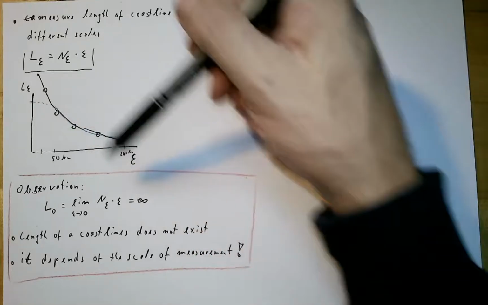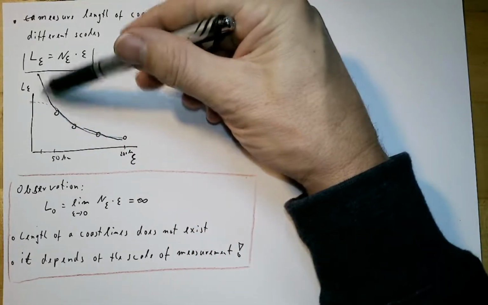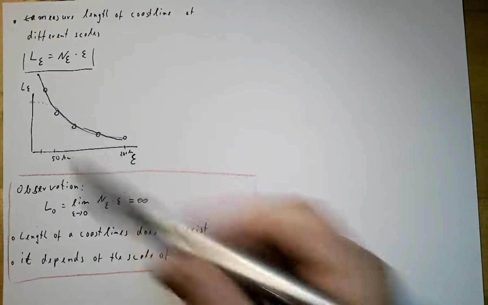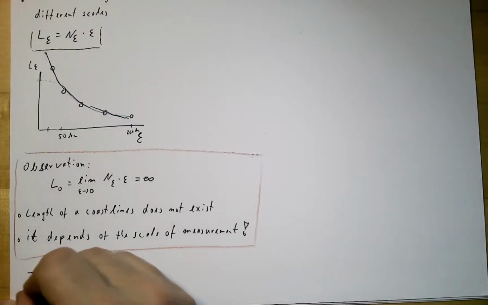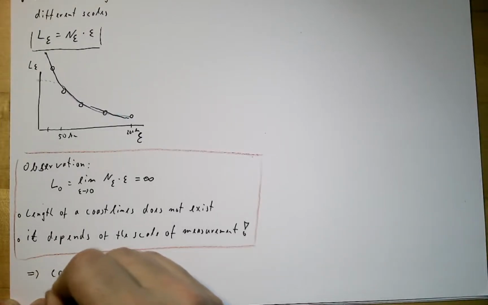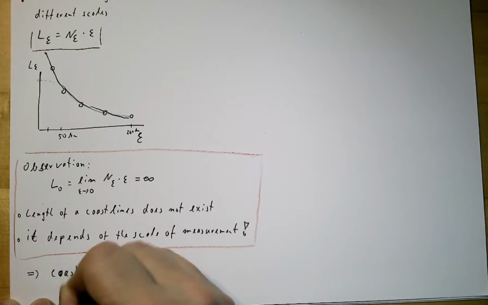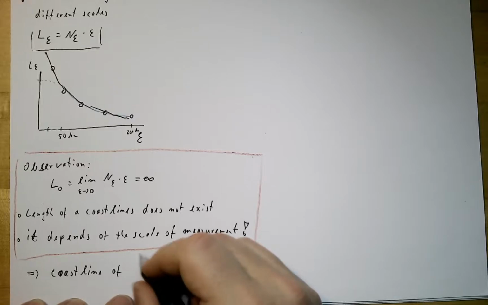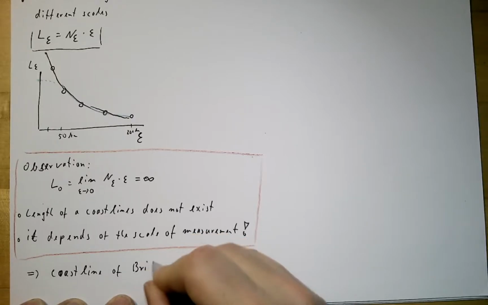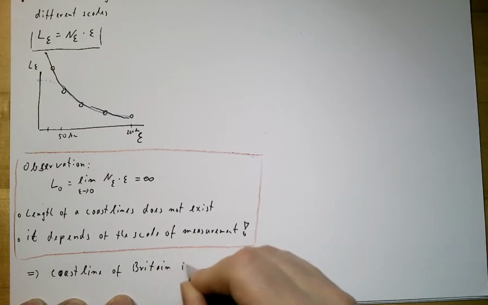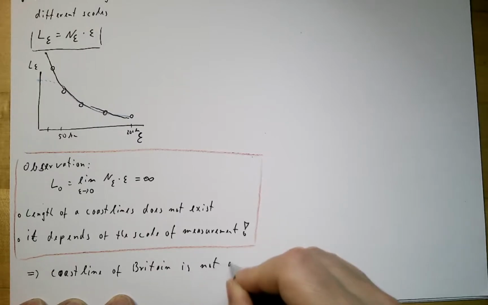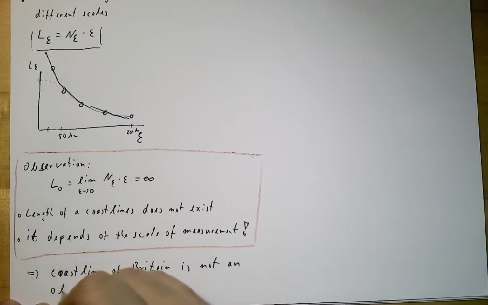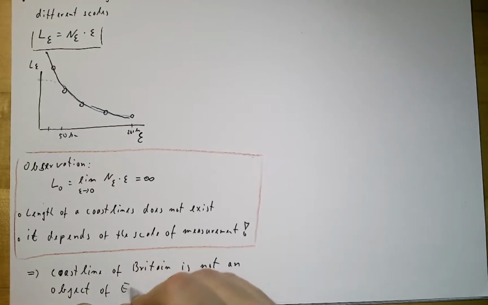Yeah? But the fact that for a natural object such a length does not exist, this means the coastline of Britain is not an object of our Euclidean geometry.